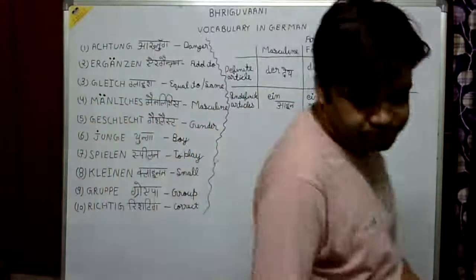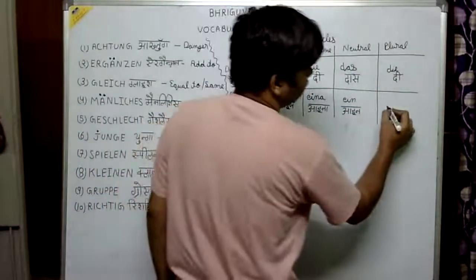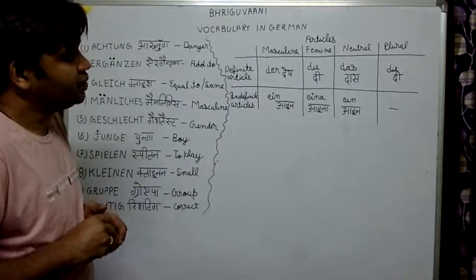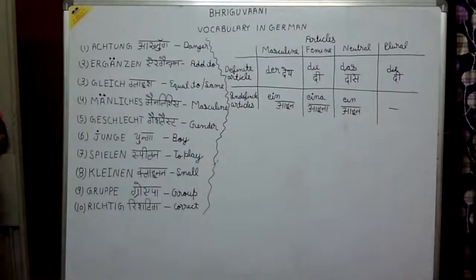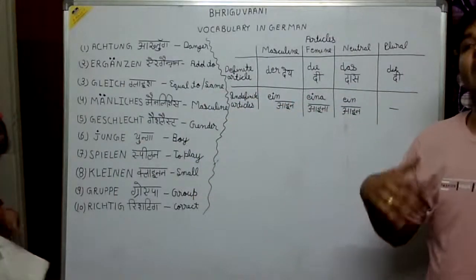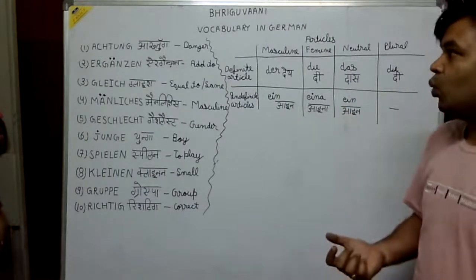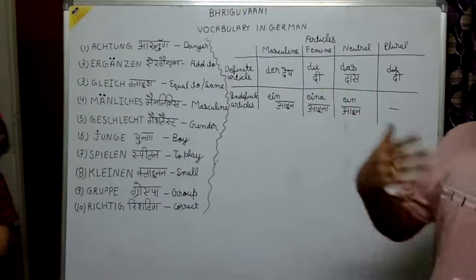And again, there is no such word for plural in this case, because whatever we say in English, we say a boy, an apple. We never say "a boys", for many boys we say the boys.